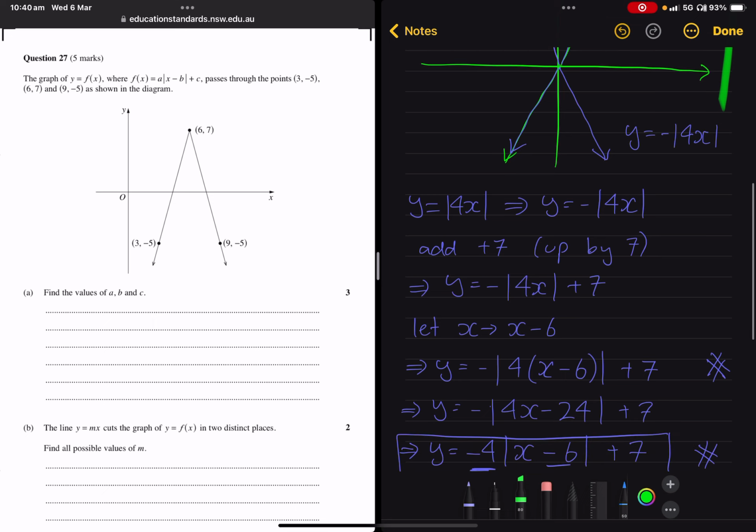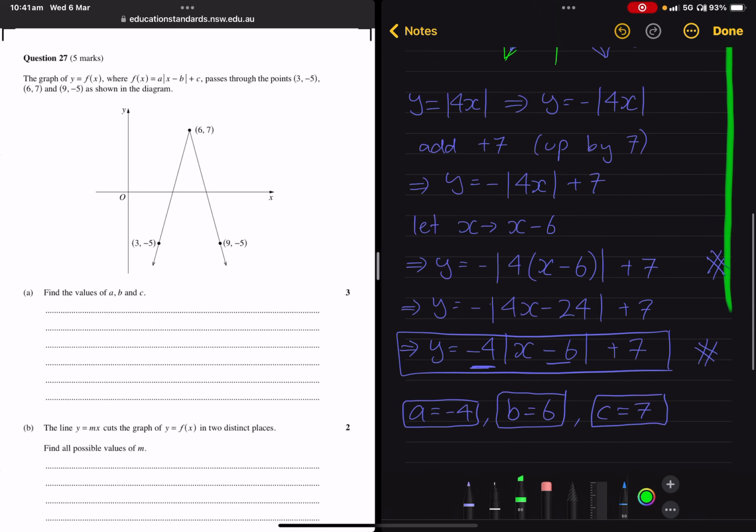For the second mark, if you're able to correctly set up an equation but not quite find all of the values from it, this is likely to get you the second mark, or again, some equivalent merit. And then the third mark is for a correct equation and all of the correct values. So you've got to get the correct equation and you've got to get the right values from it. So this is one way to do question 27a.